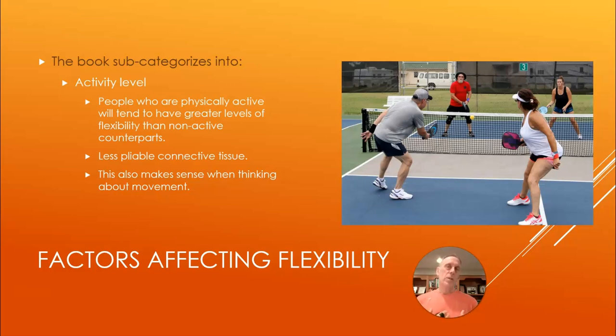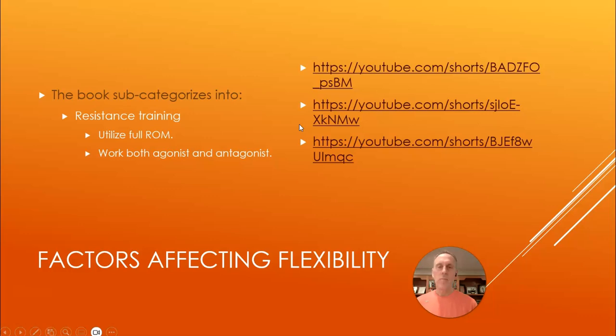And even in the context of doing an activity, people will have to move differently in pickleball versus track and field versus basketball versus other activities. So you'll find that there's a little bit of different flexibility demands depending upon the activity that the person participates in. And then they talk about range of motion.